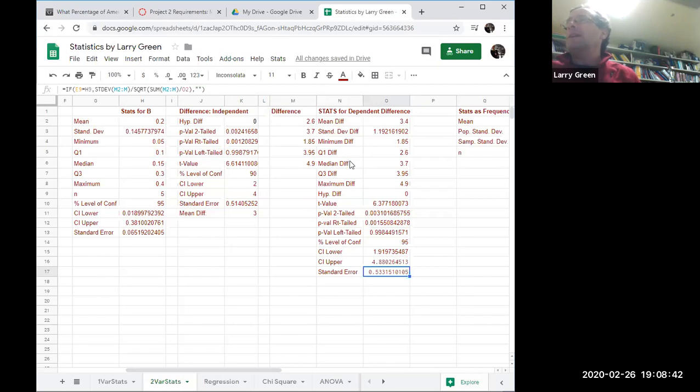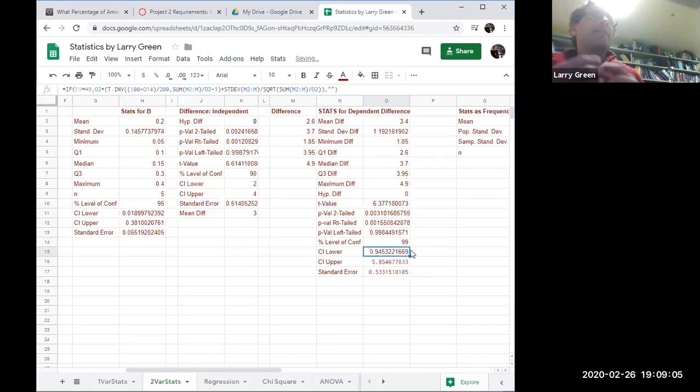Let's suppose you had a dependent difference. Then there's a 95%. You could also choose, say, 90%. It's very easy to look and compare, and look at the pros and cons of using a 90% versus a 95% versus a 99%.